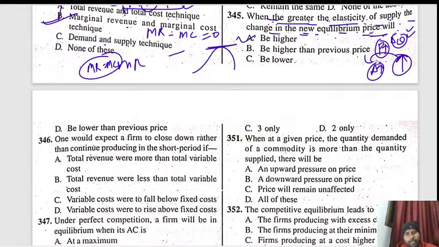Because of it, price will be lower. Not lower than the previous price, but it will be lower. 345, I think it is C, but it will not be C. 335, no, it's 345. It is C. See, it will not be lower than the previous price. It will be lower, but not lower than the previous price. Okay.